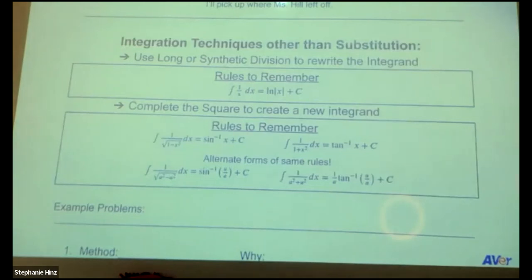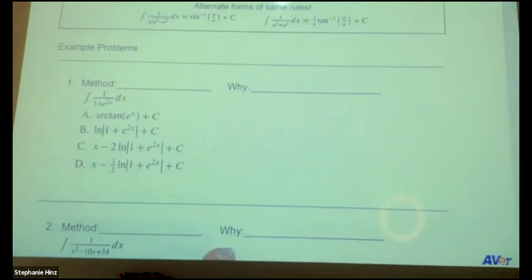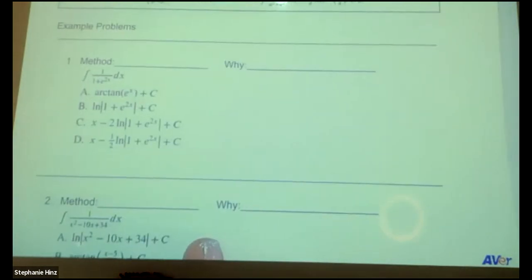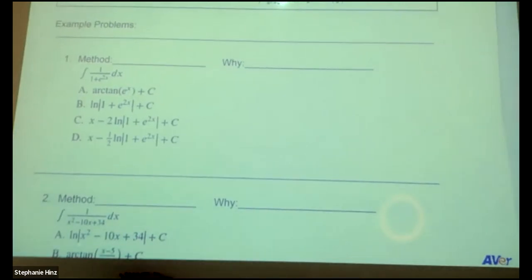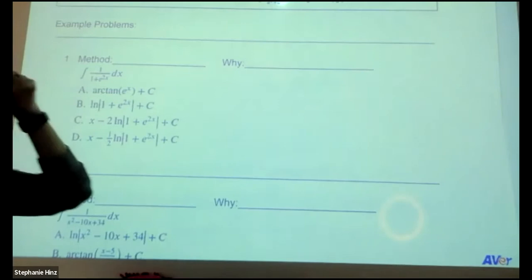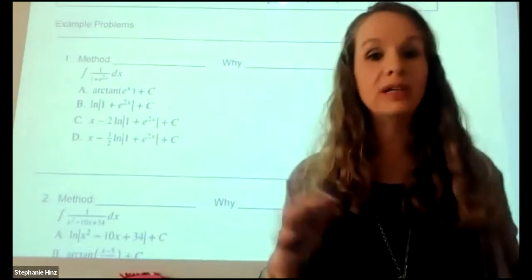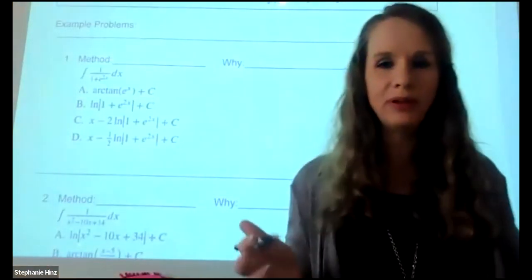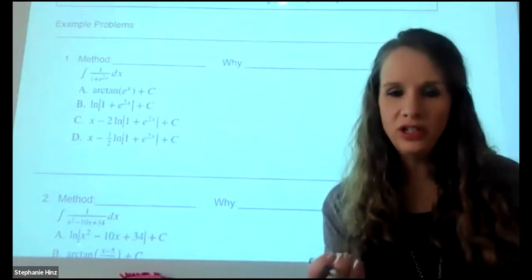All right, so some example problems. We're just going to jump right in. We're going to talk about really the why of why we choose to do a certain technique. This first one, we've got 1 over 1 plus e to the 2x. Now, my brain always goes to, can I do a U substitution? Because that's the most popular one. What would be a good U to select?